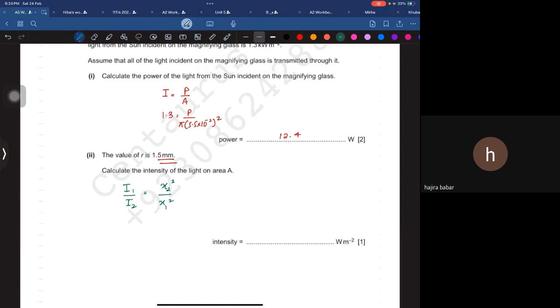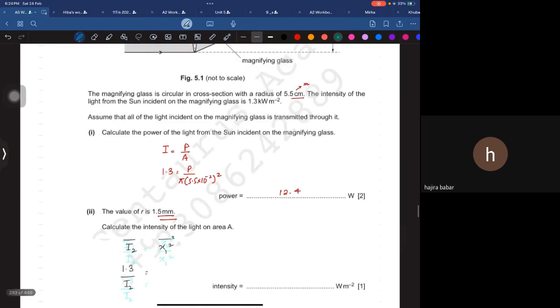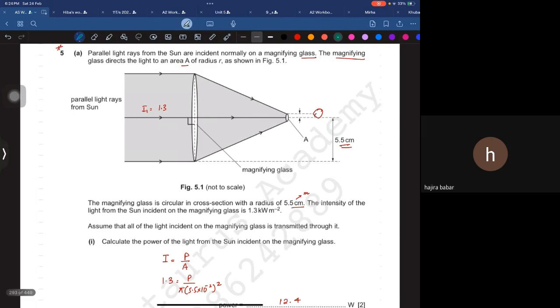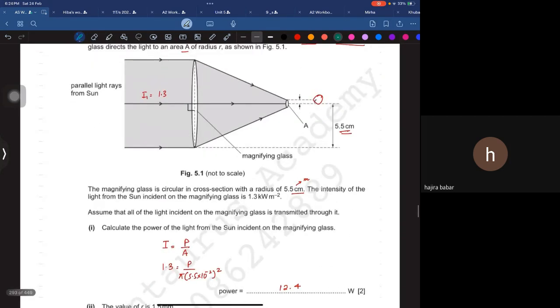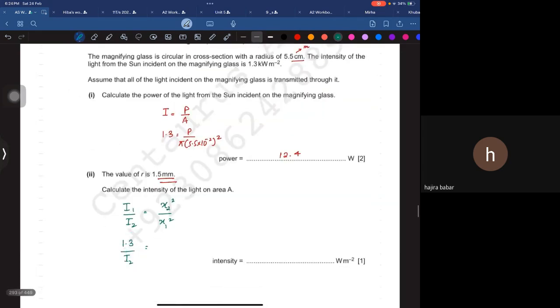The initial intensity is 12.4, sorry, 1.3. The final intensity we got to find. Now, x2, they want us to find what? Oh, this one. 1.5 whole square, and initially it is in millimeters. Oh, so clever. So we got to change that. Millimeter will be 10 raised to power minus 1 in centimeters.